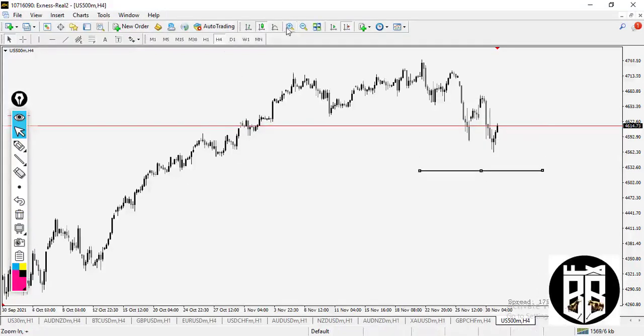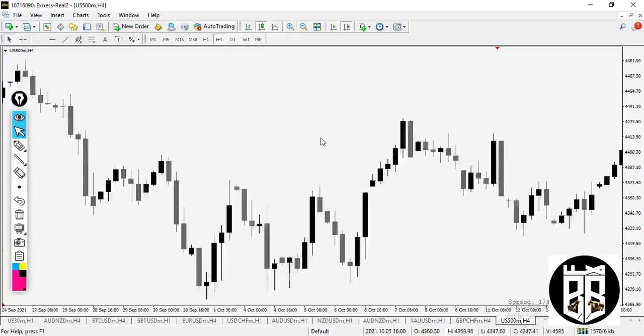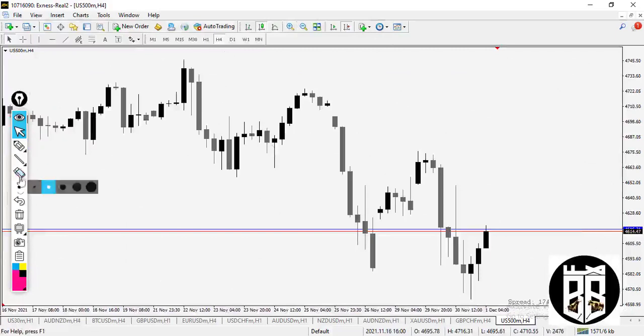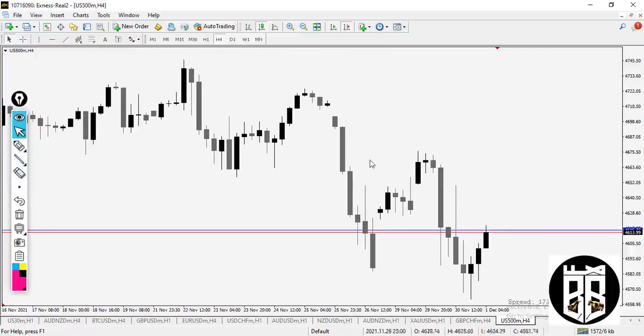And I'm going to zoom in a little bit. Okay, you see these candles. You can call these tweezer tops, and we learned about tweezer tops in our earlier lessons.